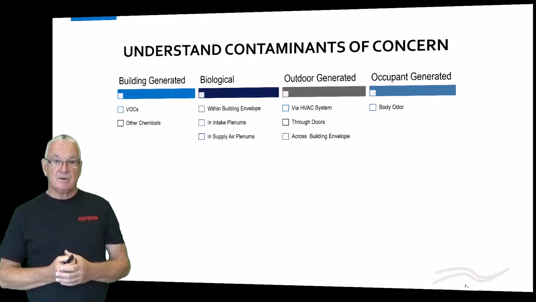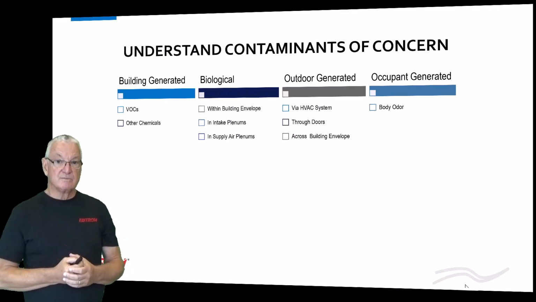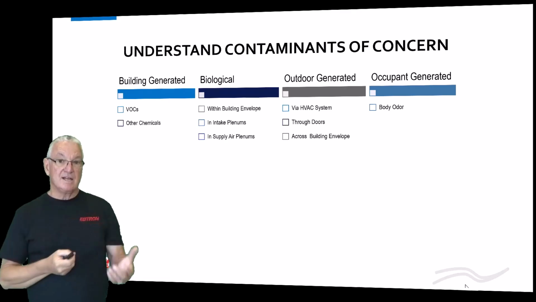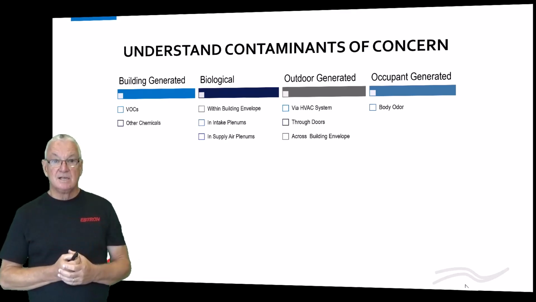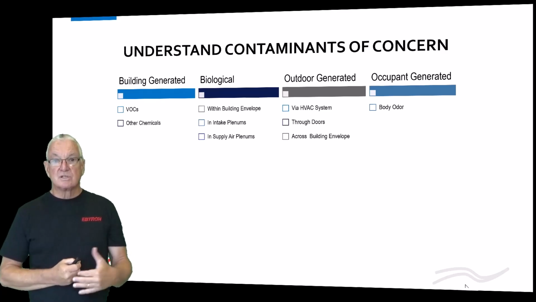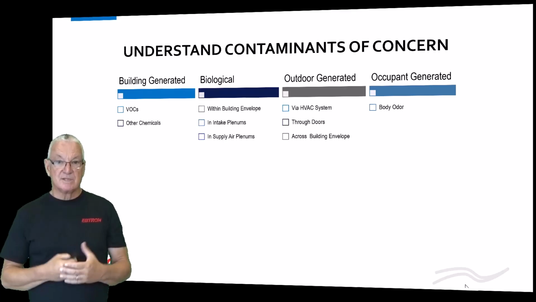When I say via the HVAC system, I've gone into many systems over my career where filters are either not maintained, or not even in place in some cases. That's at the air handler. But through doors across the building envelope, those are created by pressurization problems, negative pressure problems.